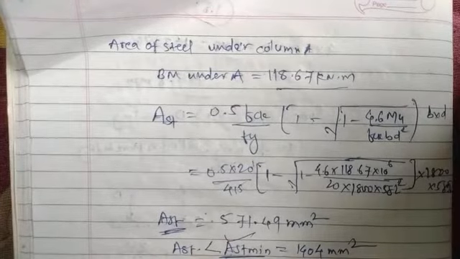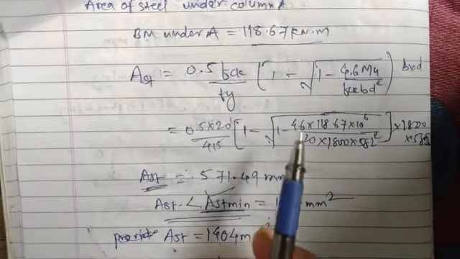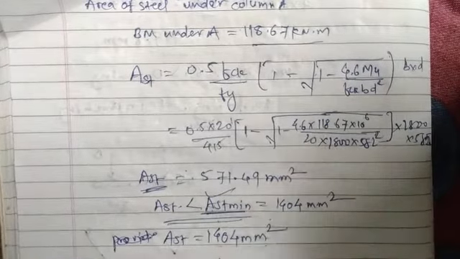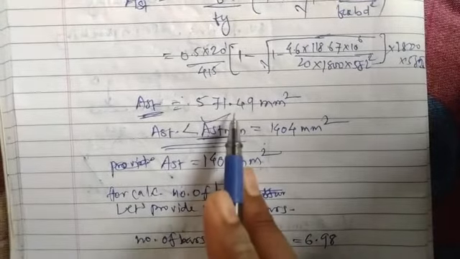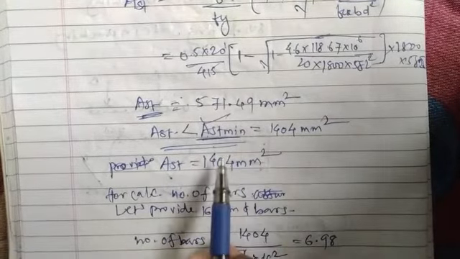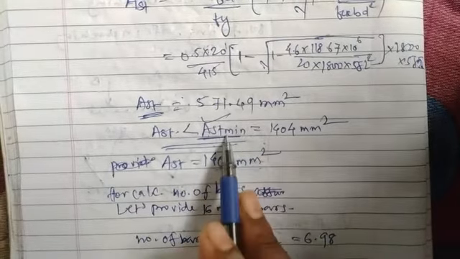After this, we have calculated area of steel under column A, bend reinforcement under column A, by using the bending moment under column A. That was 571 mm square, which was lesser than AST minimum.